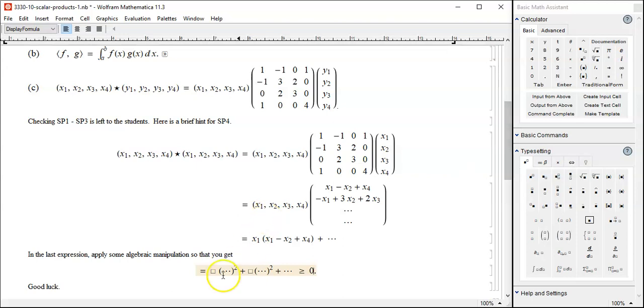It'll turn out that you're going to end up with something squared, something squared, something squared, and kind of like that. So this is always greater than or equal to 0. And when do we actually have 0 equality? Well, each of these complete squares must be 0, right?